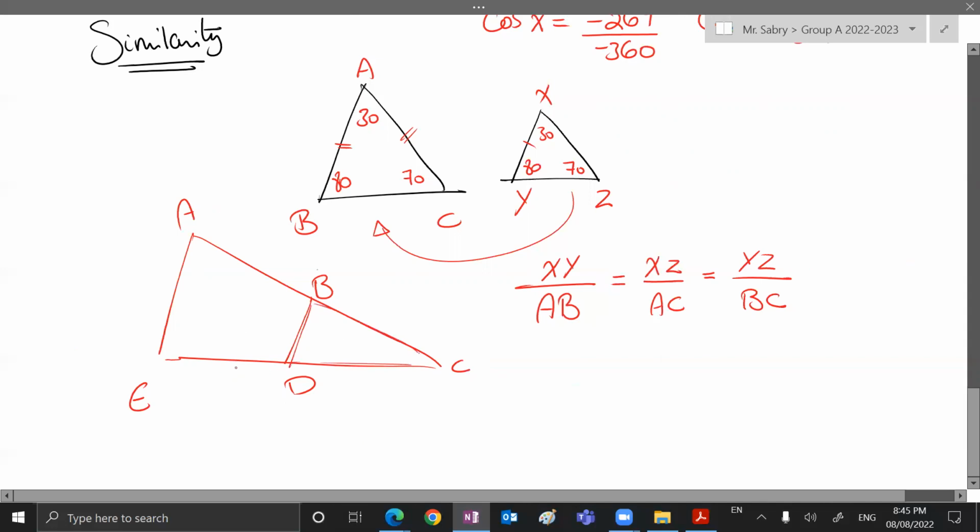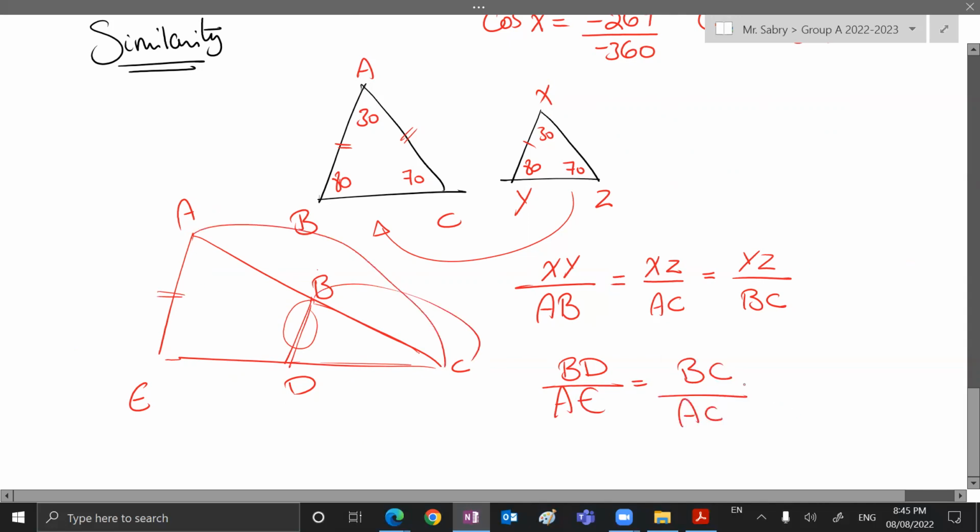If you took any of the smaller sides, for example BD, over the one that corresponds to it, which is AE, it's supposed to be equal to BC over the one that's similar to it, which is AC entirely. And it's equal to DC, this small side, over the entire bigger side that's similar to it, which is EC. Whatever is given, if you have at least three of those, you can get the missing one by just cross multiplying. Does this one make sense?